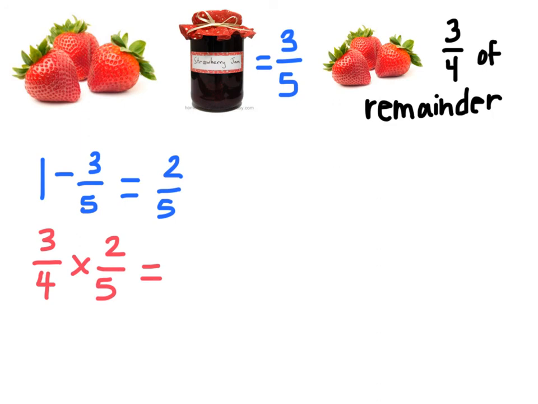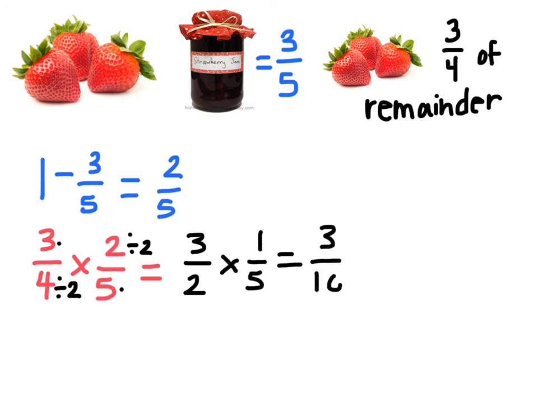We can cross reduce here, but not here. So our new fractions are 3/2 times 1/5, or 3/10. So Janice gives 3/10 to her neighbor.